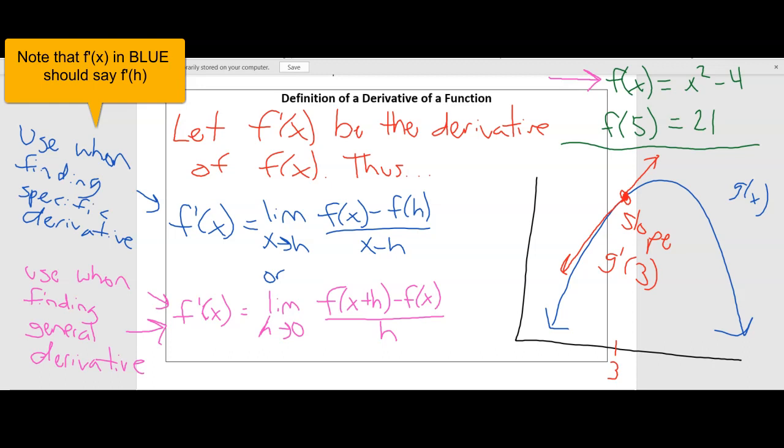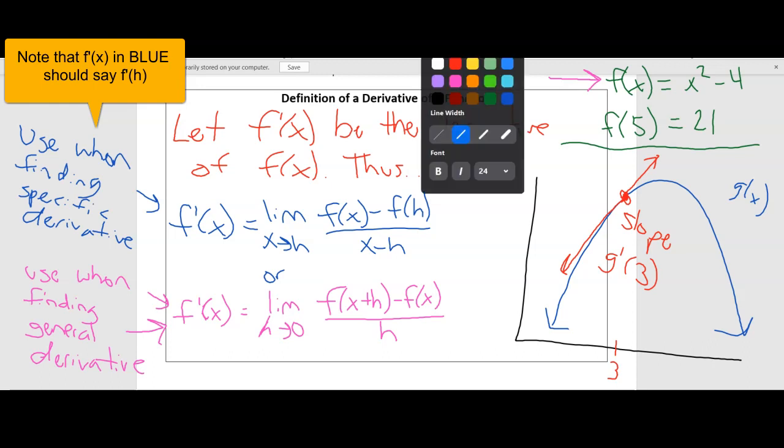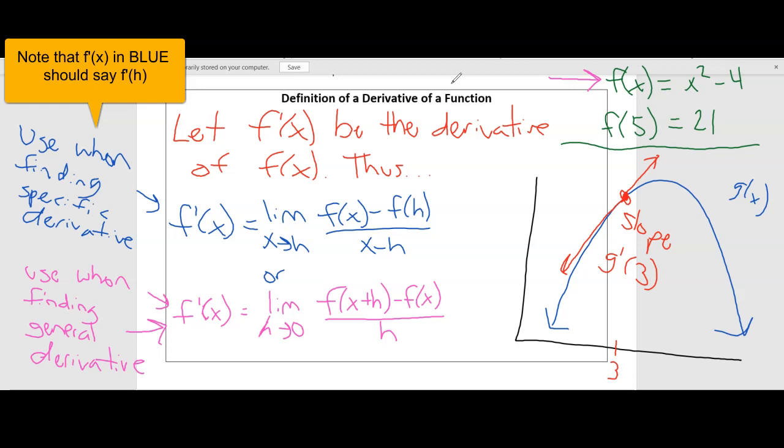Now, you may not want just the slope of that specific tangent line. You may want to come up with a function that could give you the value of any tangent line you could draw on that function. So the derivative of the function, or the general derivative, would just be g prime of x, where you could substitute in any value on this blue parabola.